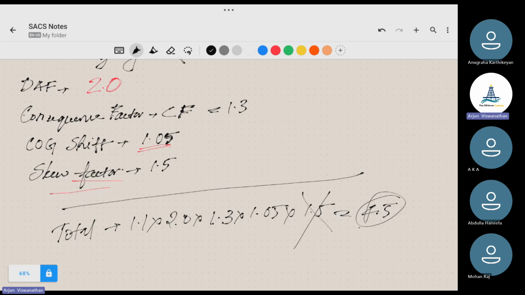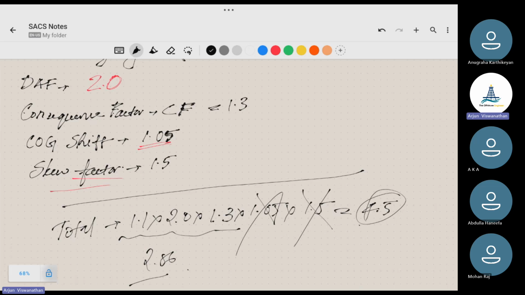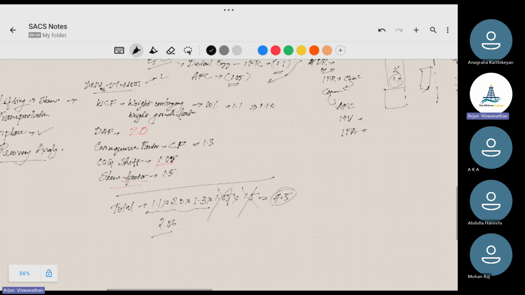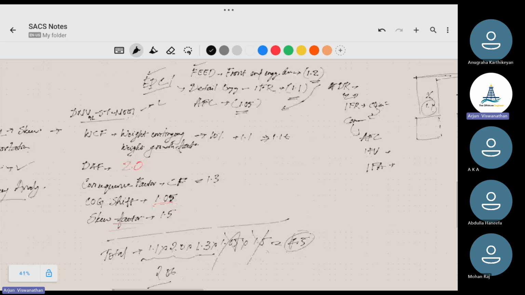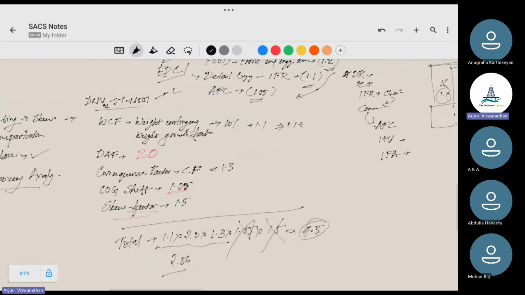Then we can do the actual COG simulation as well, so we can cut that one too. Then this will come to 1.1 into 2 into 1.3, so it will be 2.86. This is the average value. According to different client specs, it can increase or decrease. But this is how you consider the factors for a lifting calculation.